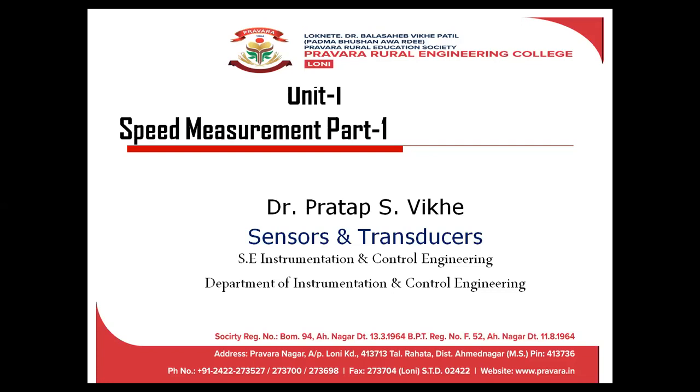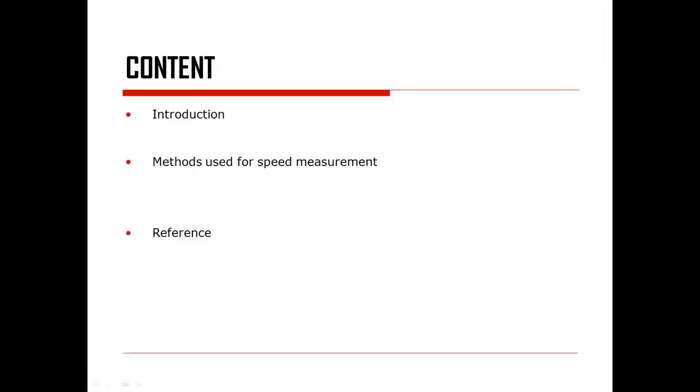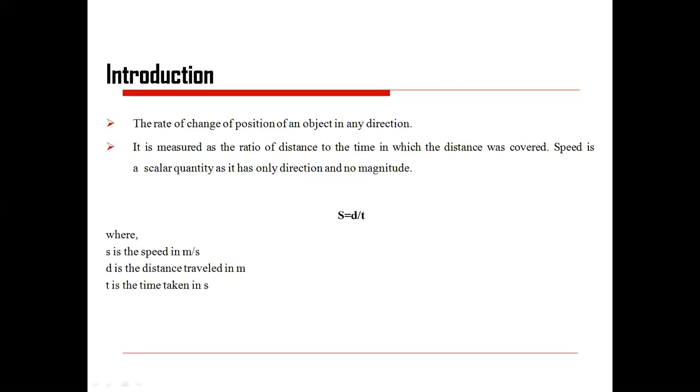Speed measurement. So these are the contents: introduction, methods used for the speed measurement, and references. Here, the rate of change of position of an object in any direction is called speed. I have already specified this when we were bifurcating distance and displacement.